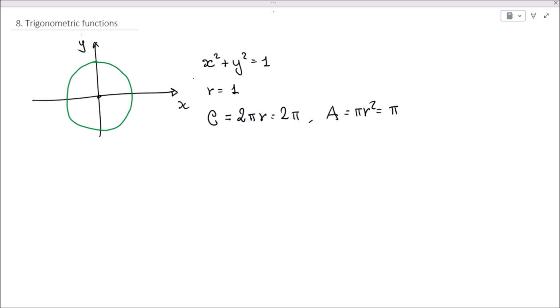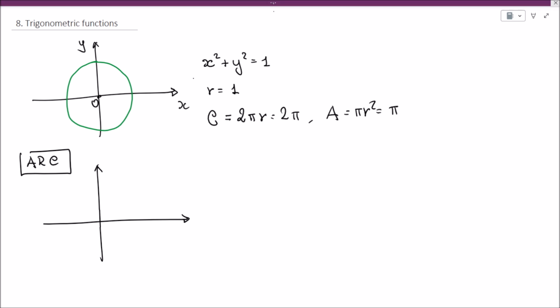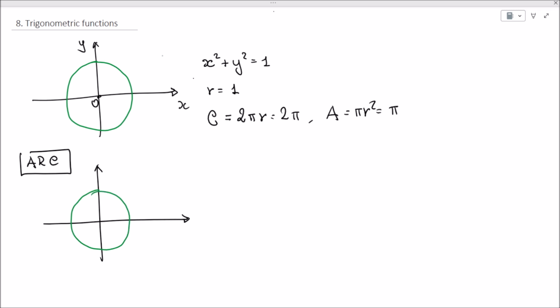Okay, so we will refer to this circle, and we'll start by introducing the concept of arc. Now, if we again consider this unit circle of radius 1 centered in the origin, and we pick a point P, and we call this point A, which is the intersection with the x-axis, and we imagine that we want to reach P moving along the circle counterclockwise.